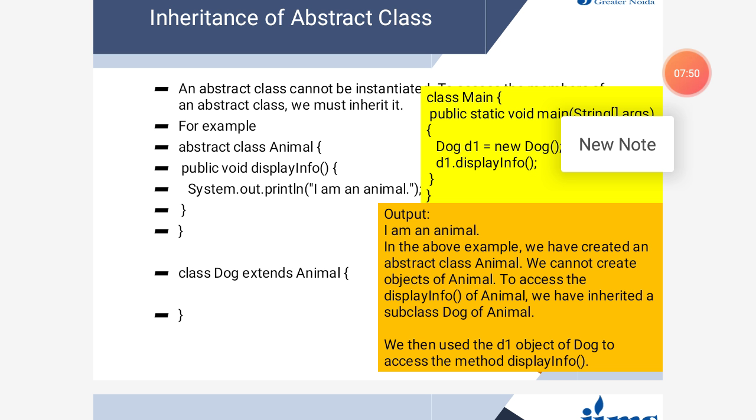See, in this Animal class, there is no abstract method, but we can make it abstract also without mentioning any abstract method. What will happen? It will not be able to create any object. So again, if there is a requirement, we can do it. And there is one class, that is the Dog class, which extends Animal. So all the members of the Animal class will be inherited in the Dog class.